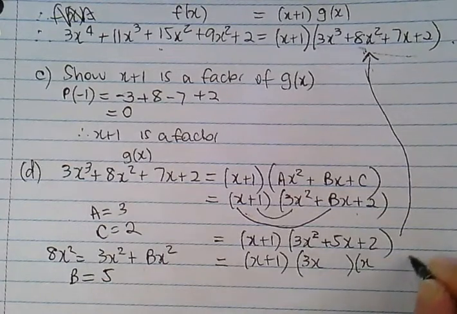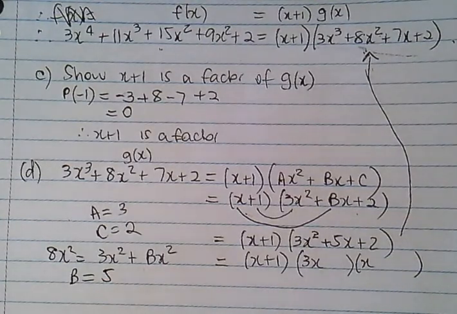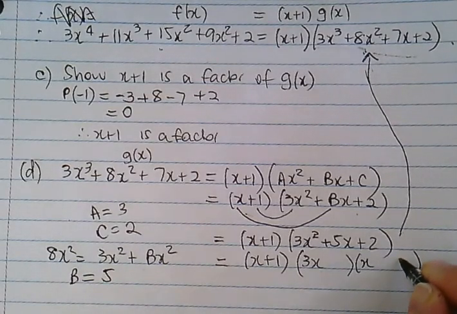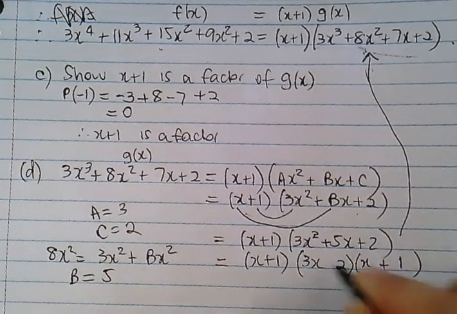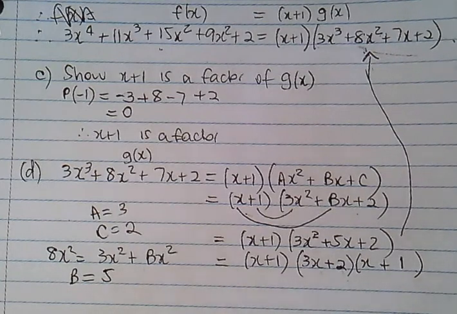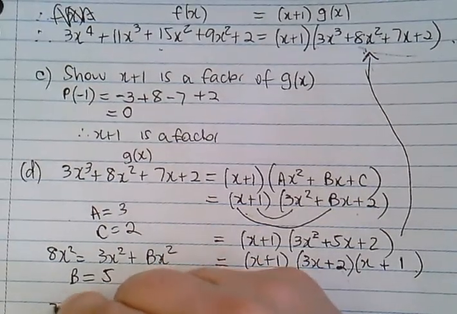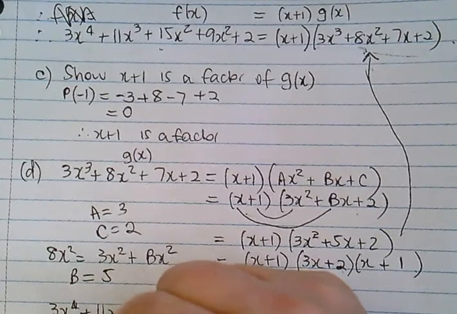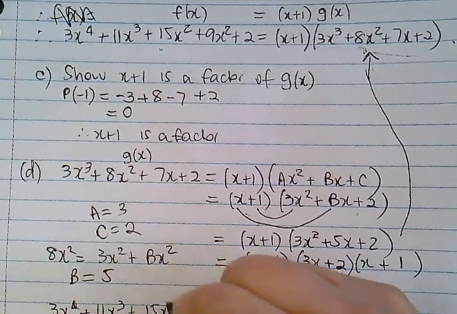3x, x, let's hope it factorizes. What do you reckon? 2? No, it's not. It's 1 and 2, because they're both plus. 3x squared plus 3x plus 2x plus 2. Lovely. So the cubic is factorized, but the whole thing is a quartic polynomial. Look.